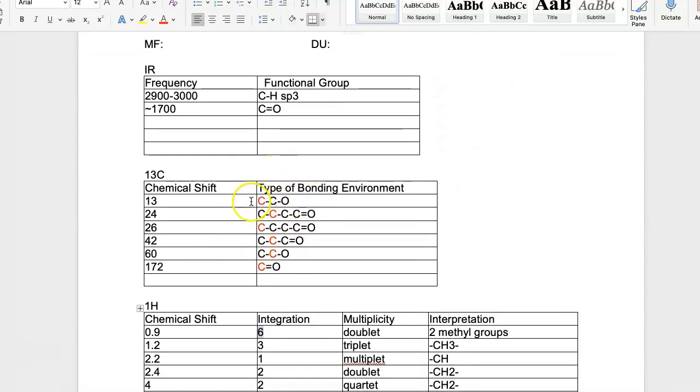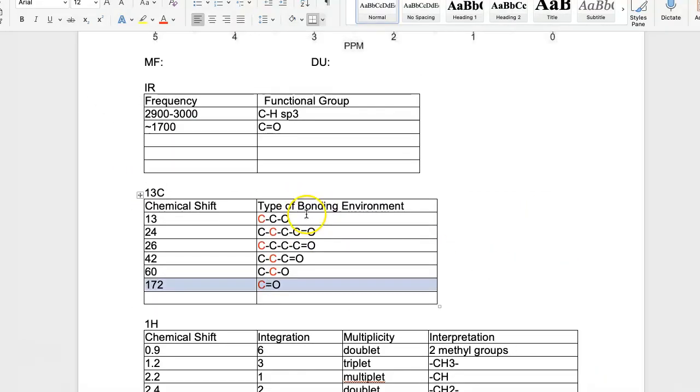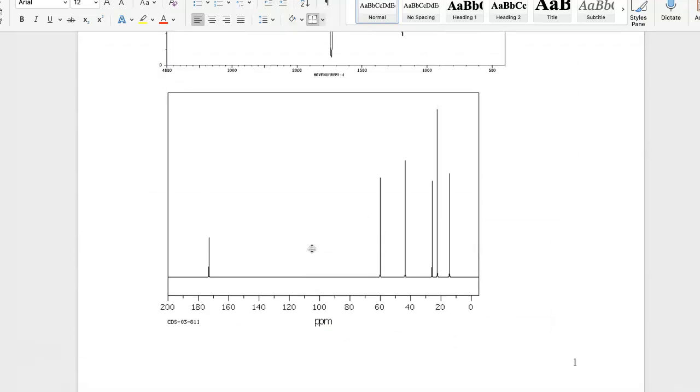So that carbon at around 172 would be the carbonyl carbon, because it's closest to this oxygen and that oxygen. Each of these numbers corresponds to how close the carbon would be to that double bound oxygen, and they are displayed here.